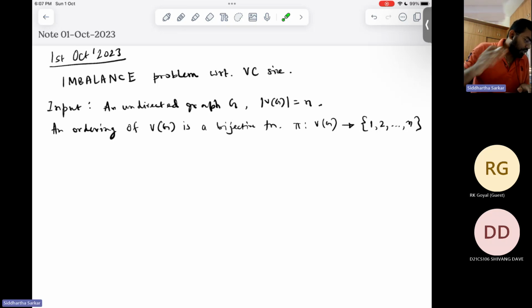So we'll introduce two terms, L of v with respect to pi.